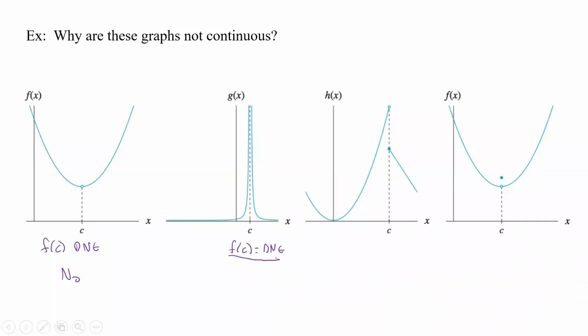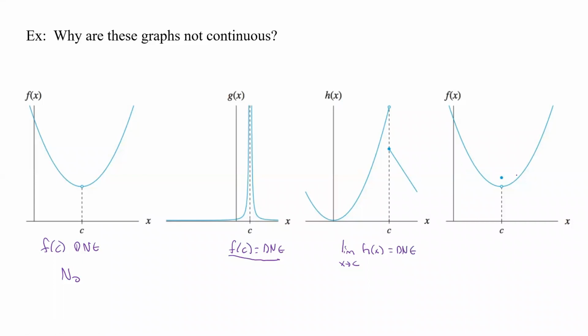It doesn't exist. Now what about this one? Well, f of c actually exists. It's right there. But does our limit exist? The limit from the left is different than the limit coming from the right, which is here. So the limit does not exist. This is h of x, and as x approaches c, the limit does not exist.